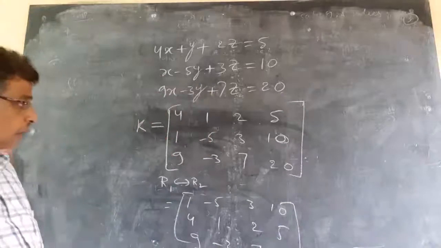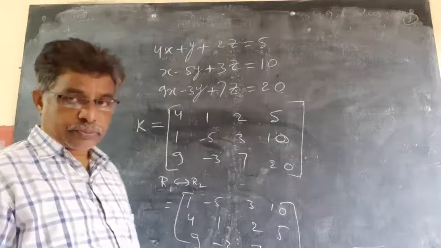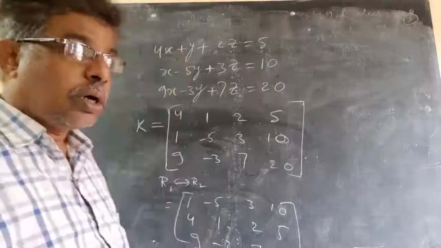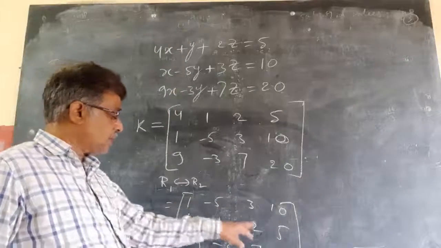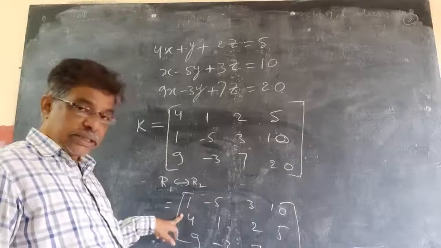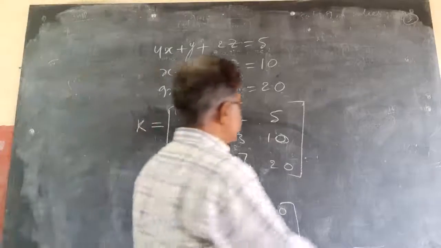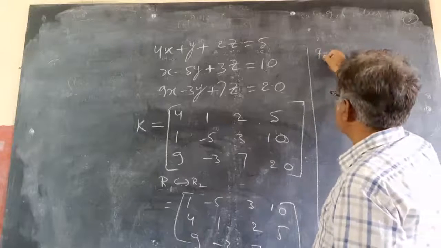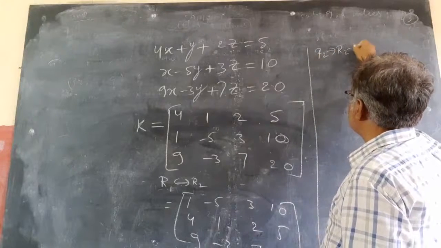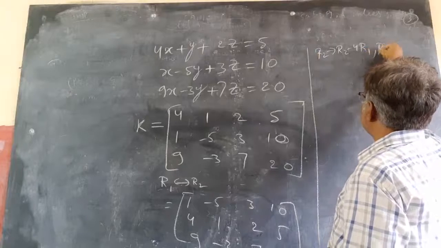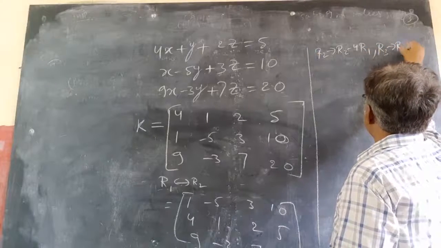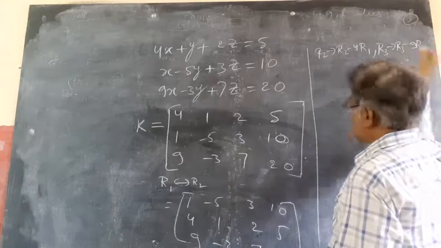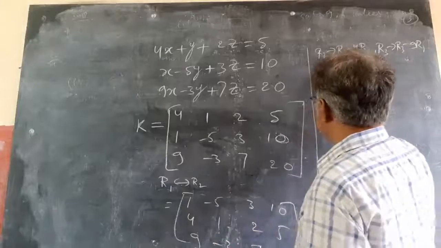Now I want to make these entries 0, so I will go for R2 tends to R2 minus 4R1, and R3 tends to R3 minus 9R1, so that these two become zeros below the principal diagonal.